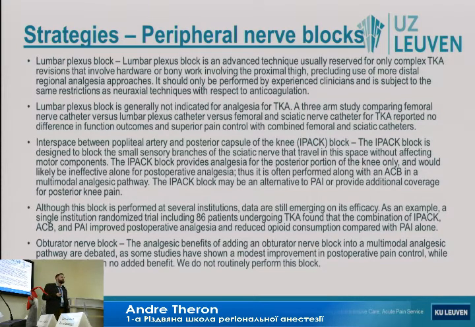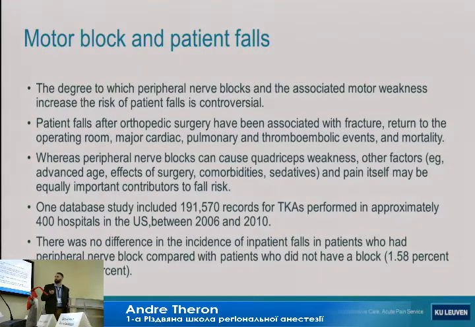Now the literature on obturator nerve is very conflicting. Some literature says by adding it you get decreased morphine use, etc. Other studies have shown no added benefit. So we do not routinely block the obturator nerve. It's mostly not necessary in our daily practice for knee replacement surgery.